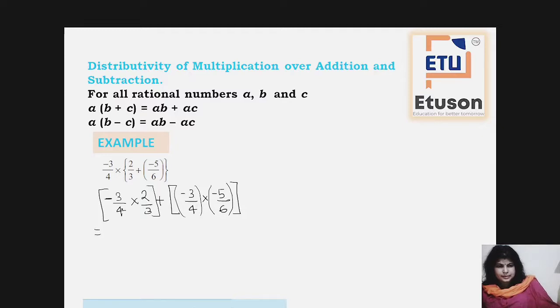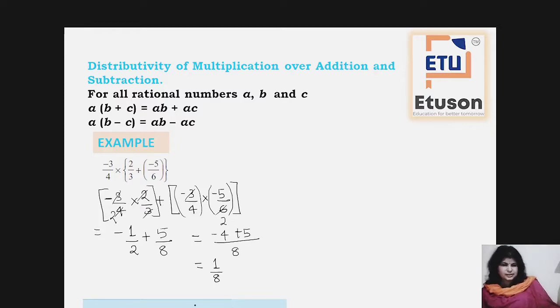Here 4 and 2 cancel out, and 3 and 3 cancel, so this becomes minus 1 by 2, plus here 3 and 6 give 2, so minus minus is 5 divided by 8. Now 8 becomes your LCM, so it becomes minus 4 plus 5, and your answer is 1 by 8.